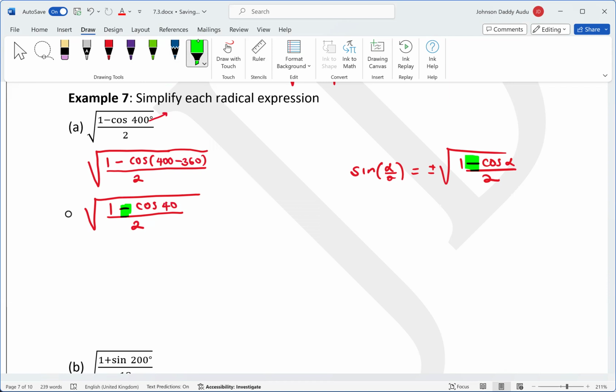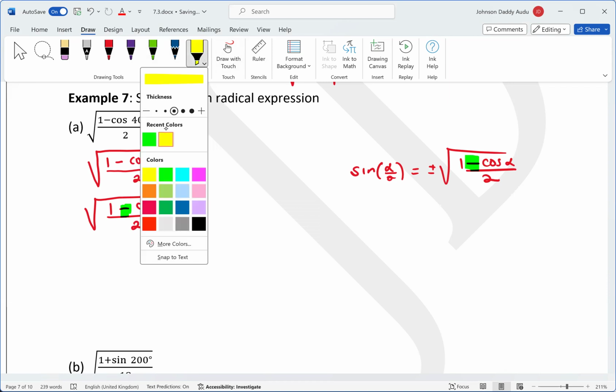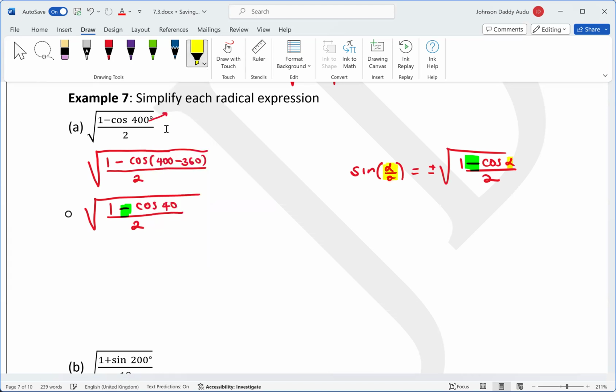Now we have to use alpha over 2, because here it's alpha, here it's alpha over 2. So definitely this is just going to be sine of 40 over 2, which is just sine 20.